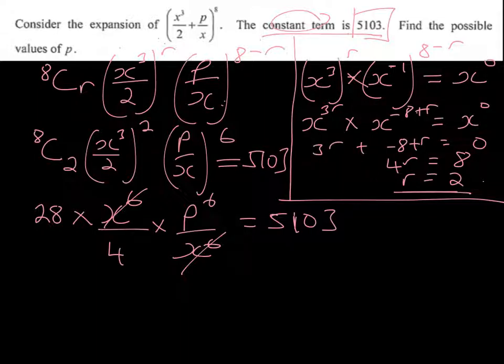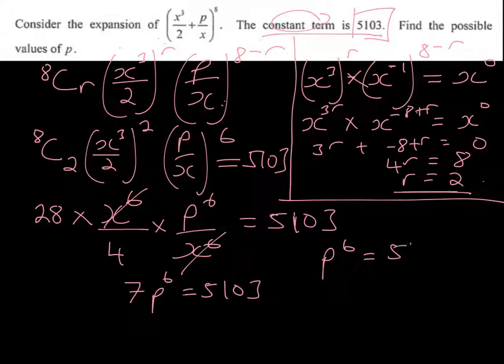Tidying up, we end up with 7p to the 6 equals 5,103. Therefore, p to the 6 is going to equal 5,103 divided by 7, and if we take the 6th root of that, we end up with p equal to plus or minus 3.